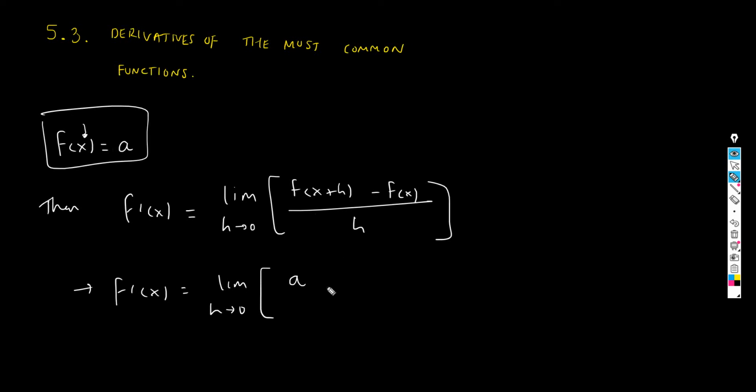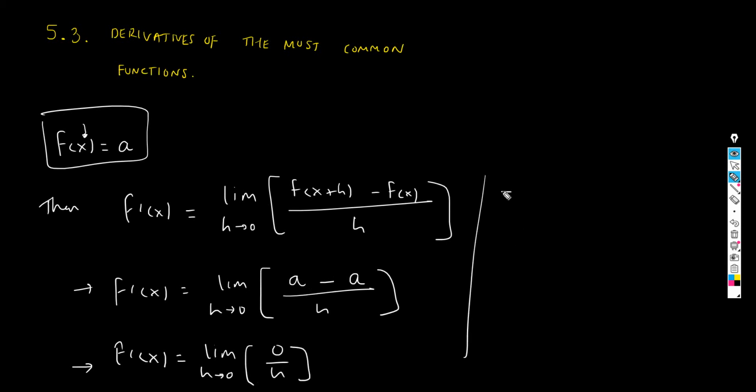So all of this is a minus f evaluated at x. That's a because of this. Over h, we continue, f prime of x equals the limit as h goes to 0 of a minus a, that's 0, over h.